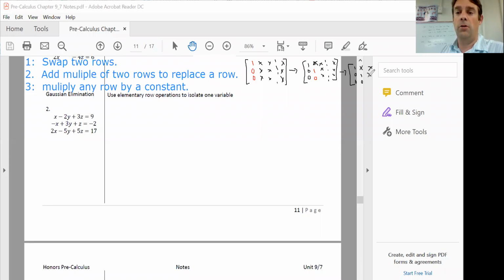All we care is that we have a diagonal row of ones with zeros underneath the ones, and a whole bunch more entries over here. This is what we're trying to accomplish. We want there to eventually be a diagonal row of ones. But we always start on the column to the left, and we work our way to the right. Okay? So let me show you how we go about solving a system.